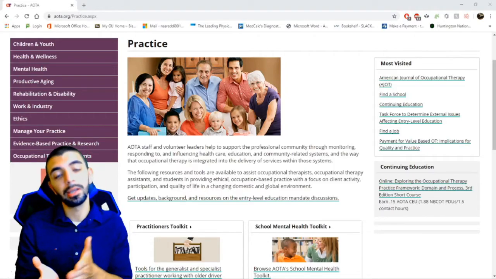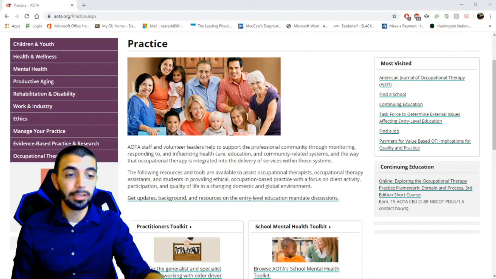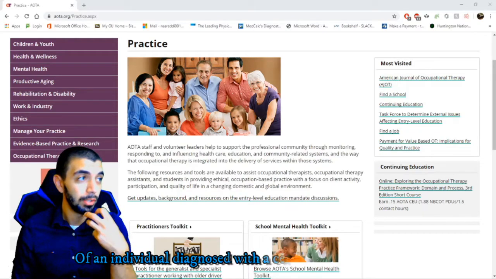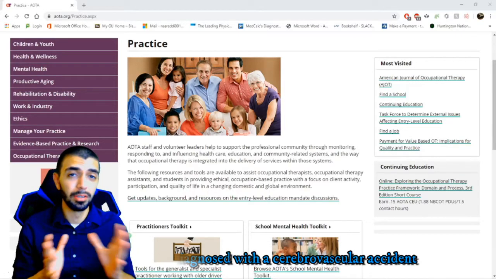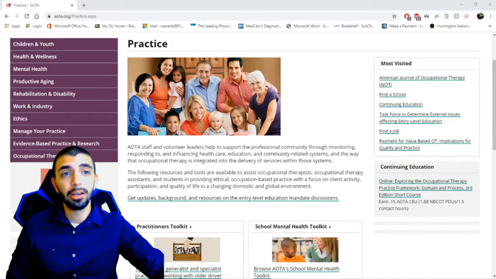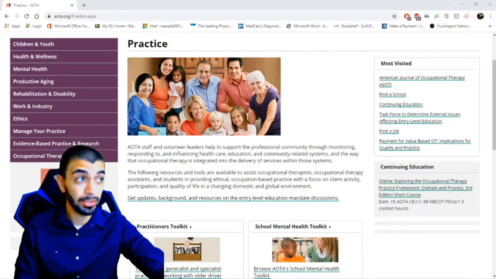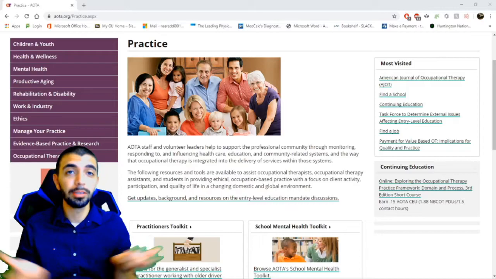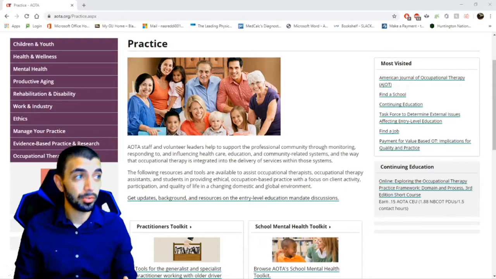Maybe you want to look at how the caregiver is influential in the recovery process of an individual with stroke. So there's all sorts of avenues and venues that occupational therapy may fill. This all comes back to occupational therapists holding many hats. We can spread ourselves across different areas, different practices, and maintain different roles.